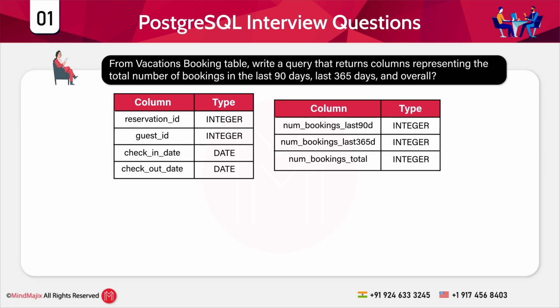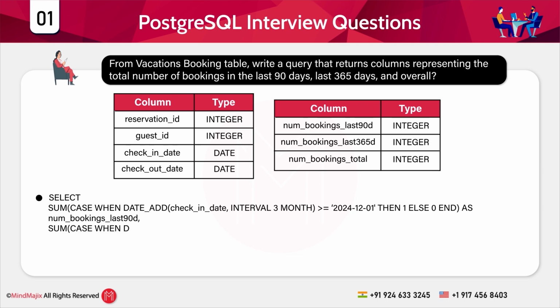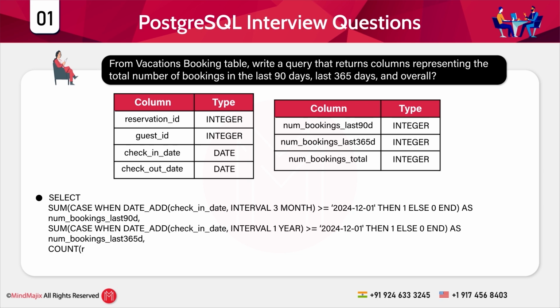let's suppose that there are two cases over here, and what are those two cases? In the first case, we are finding the total number of bookings in the last 90 days. Let's suppose the current date is 1st December 2024.